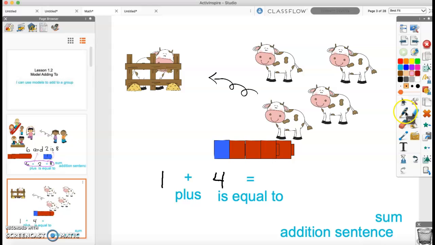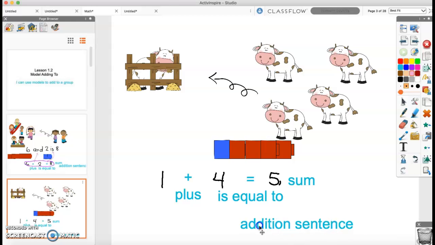I have 5 cubes all together. And 5 is what we call the sum. The sum is the total number that we have, or the answer. This is our addition sentence.